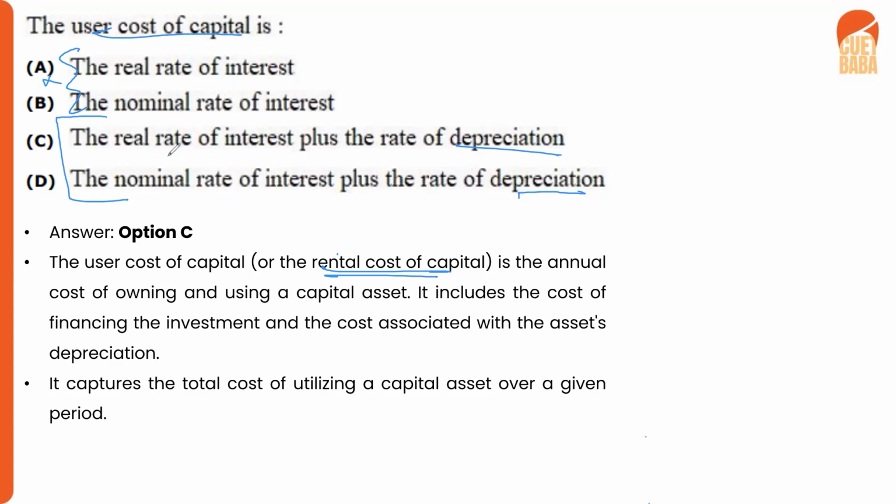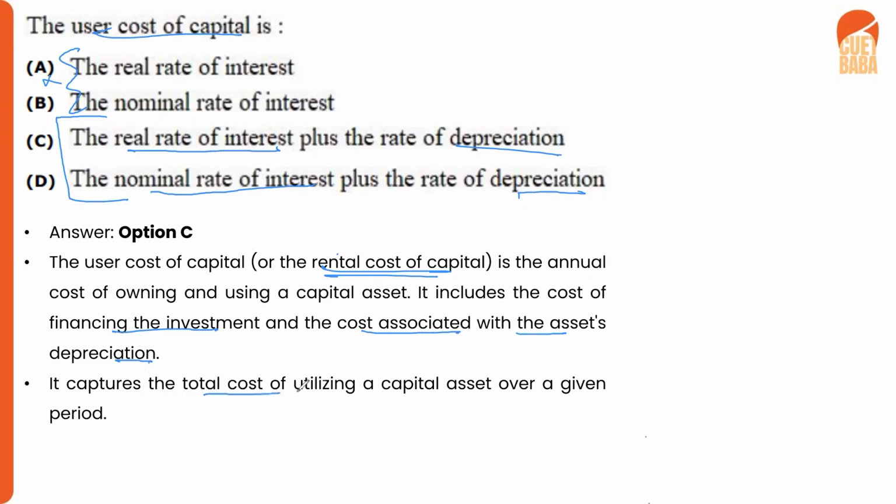Then we have a confusion: is it a real rate of interest or is it a nominal rate of interest? Here itself it is shown that the annual cost of owning and using a capital asset includes the cost of financing the investment and the cost associated with the asset's depreciation.